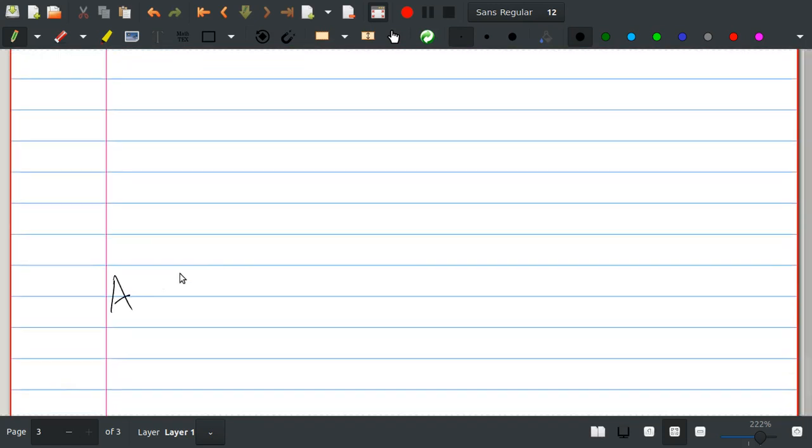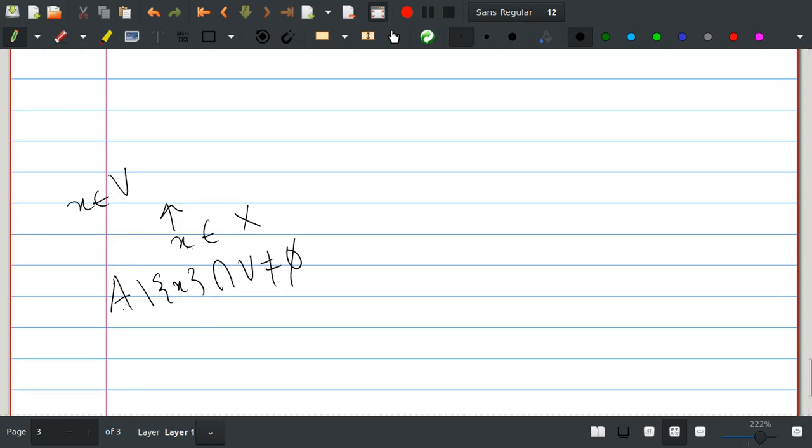So we have A here and any point x in X. We call this x a limit point of A if any open set V which contains this x contains a point from A different than x itself.